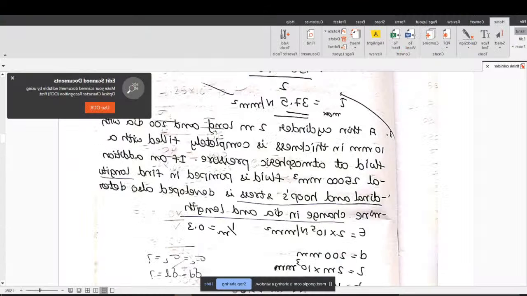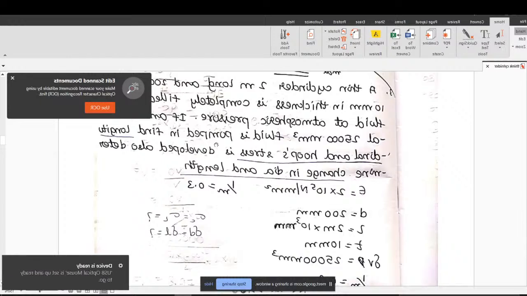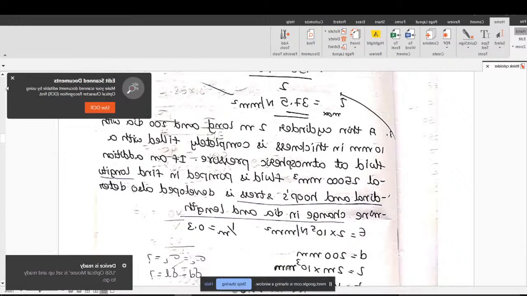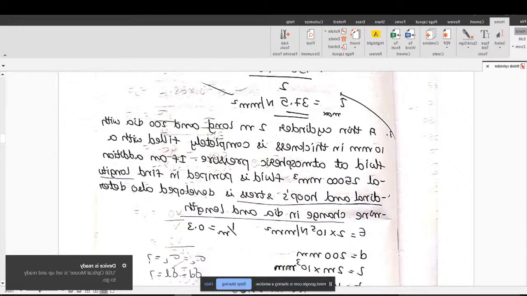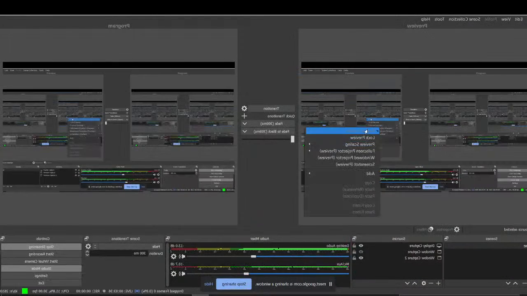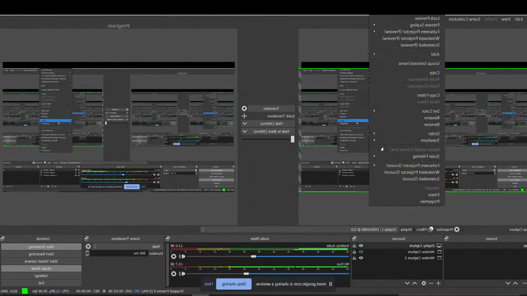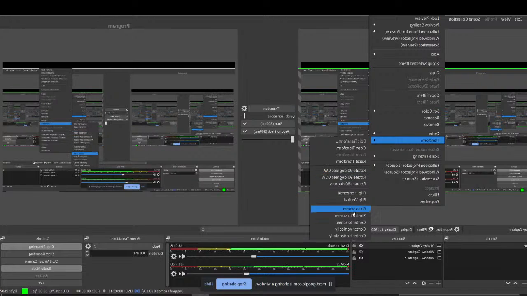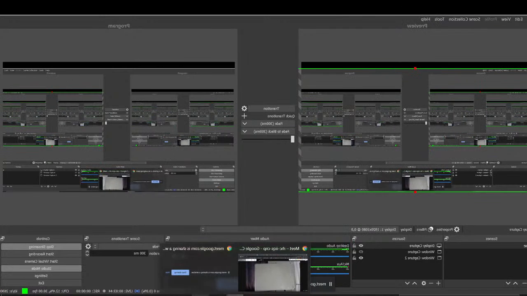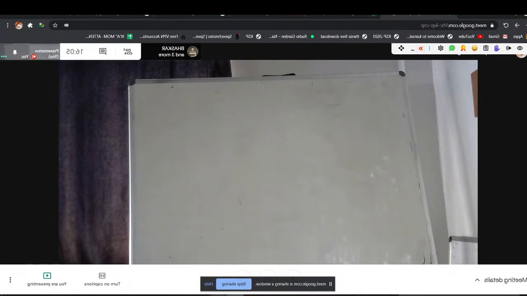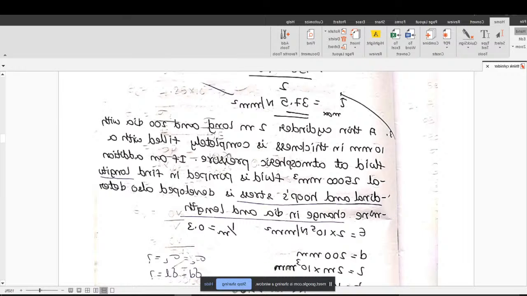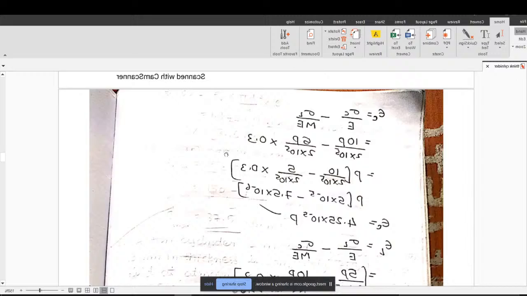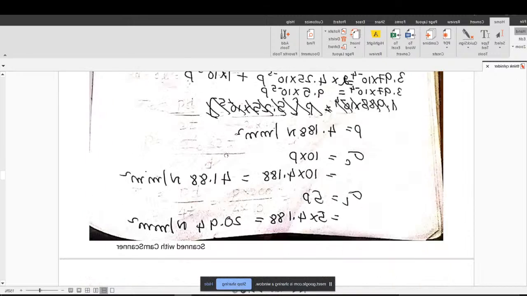You can see the screen. Can you see the screen? Yes, sir. We completed, I think, two problems, correct?